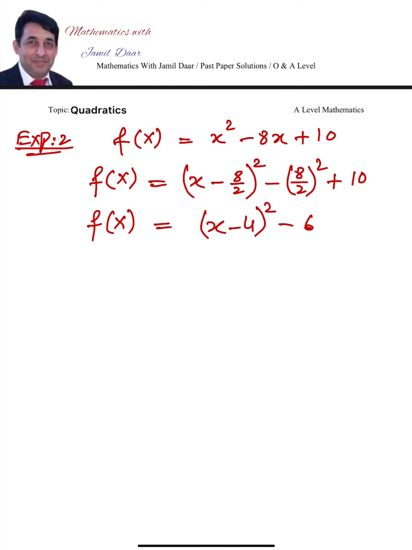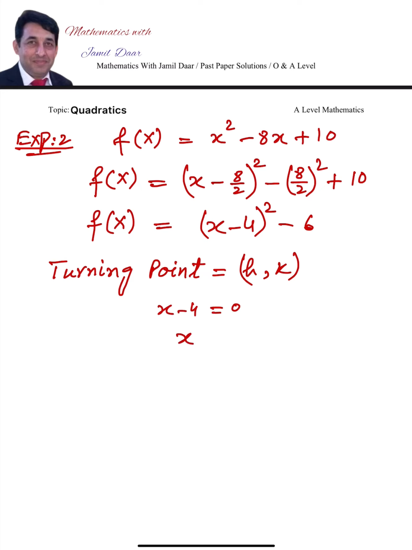Outside here this is 1, which is positive. So what is the turning point? Turning point is equal to (h, k). To find h, we make x minus 4 equal to 0, x is equal to 4.